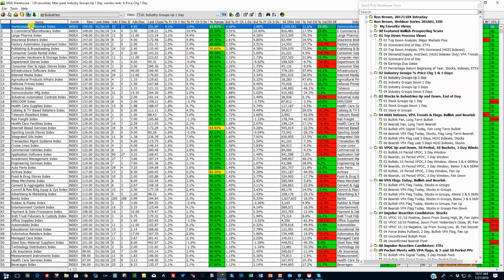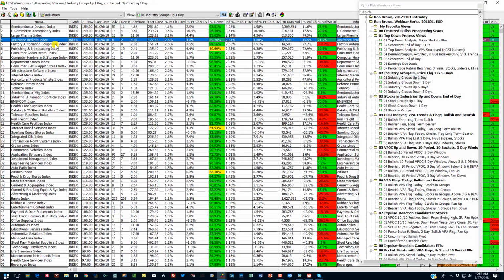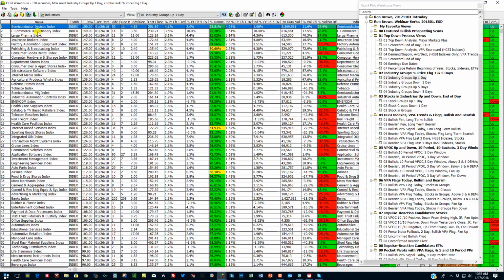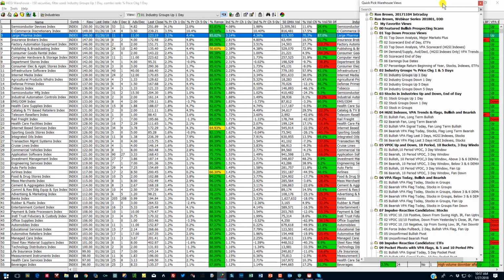So this confirms what I'm seeing in the top down from the major markets, and then e-discretionary, large pharma, insurance, and so on.